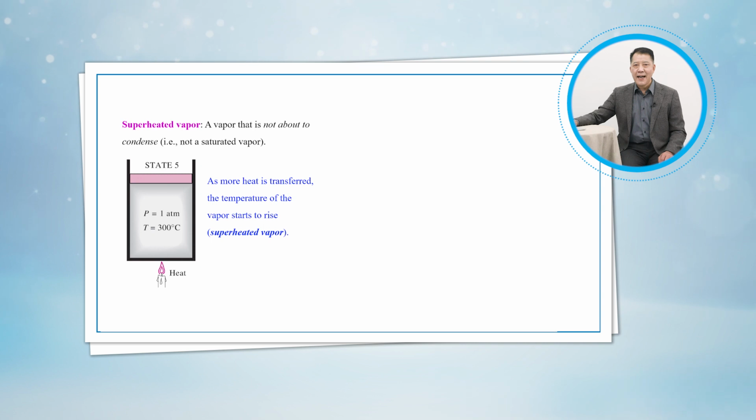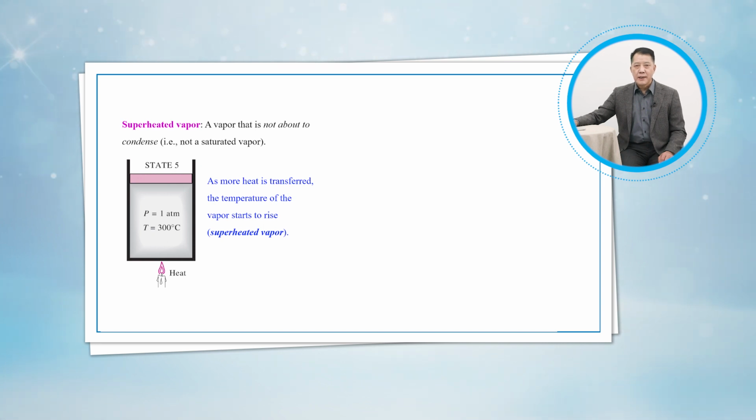At state 5, the temperature of the vapor is, let's say, 300 degrees centigrade, and if we transfer some heat from the vapor, the temperature may drop somewhat, but no condensation will take place as long as the temperature remains above 100 degrees centigrade.